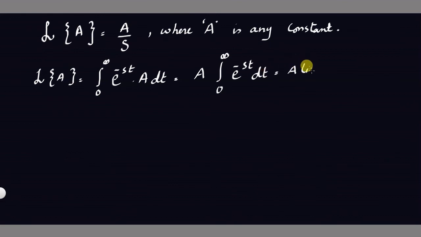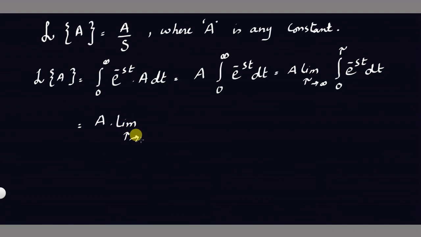If we use the limiting case, then 0 to tau e raised to the power minus st, and we have proved this multiple times in the preceding examples. So you can easily finalize the answer for this integral: you will get e raised to the power minus st divided by negative s, from 0 to tau.